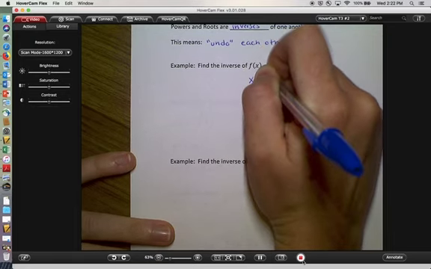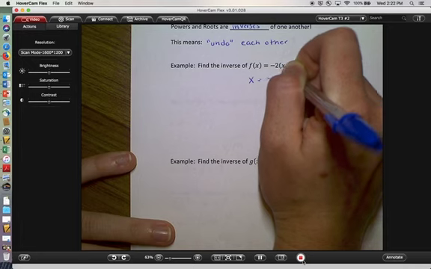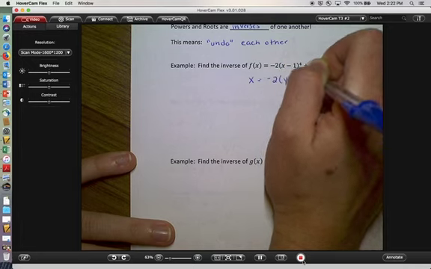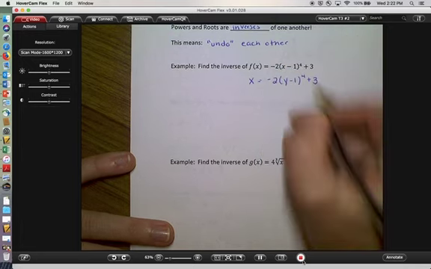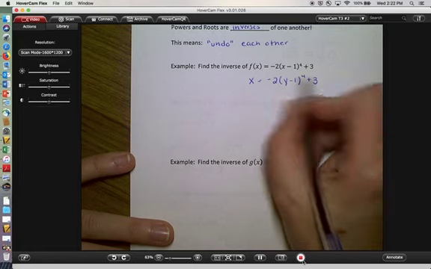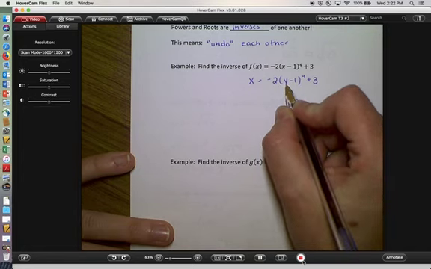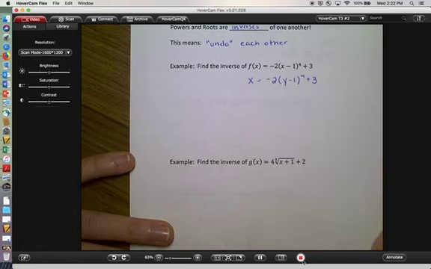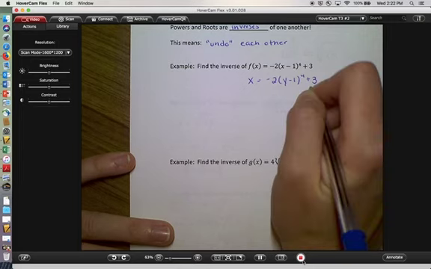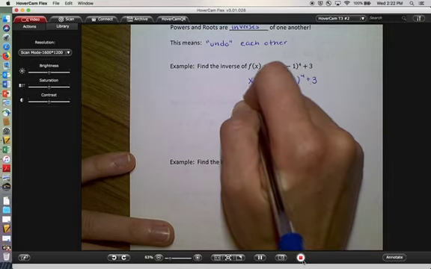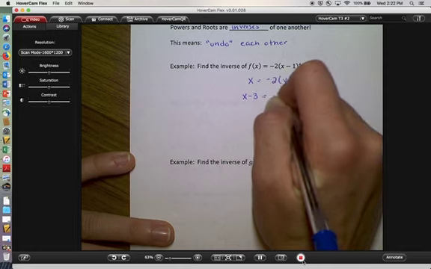If I have a function here and I want to know the inverse, first thing we're going to do is switch x and y. Next, we have to do some algebra to get this new y value by itself. So first thing we want to do is subtract 3 to the other side.